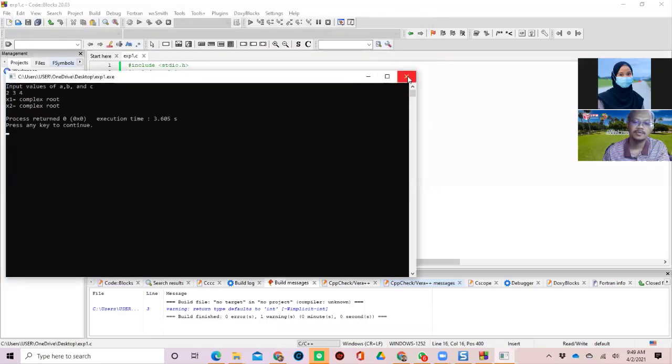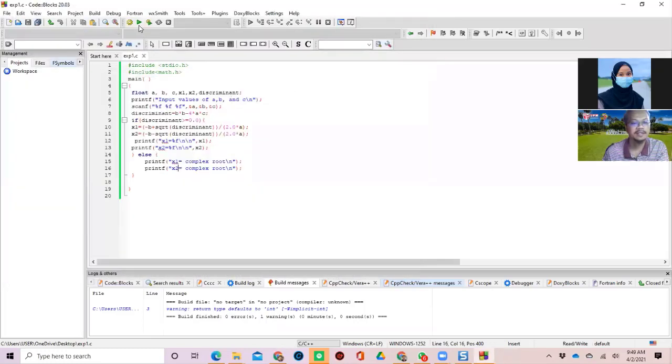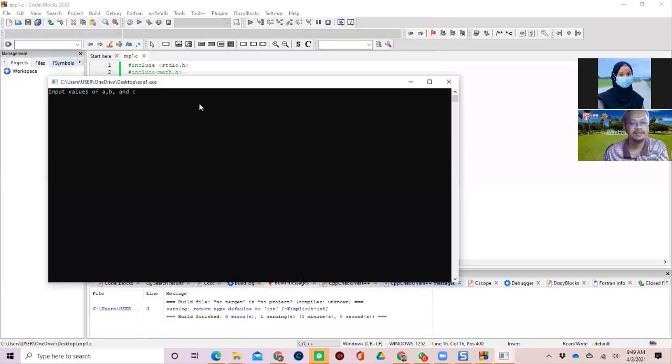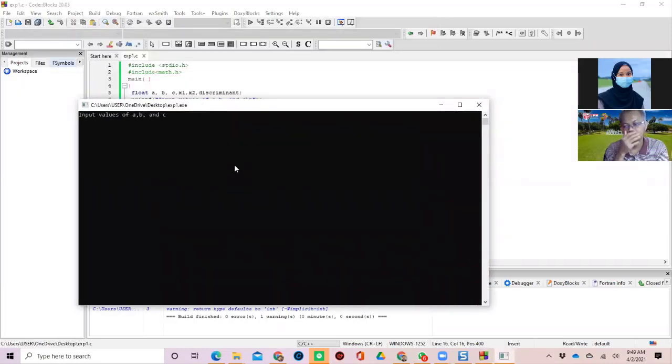Okay, so macam mana kita nak keluarkan case yang katakan root yang sama, apa katakan 9, boleh, 3 4 boleh, complex root juga. Contoh, bagi contoh.